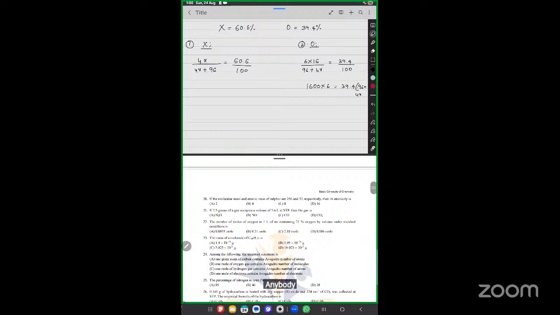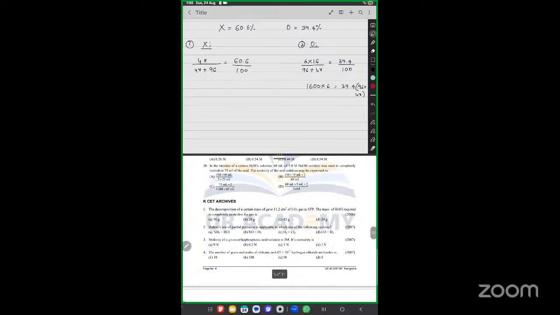Anybody? Solve and tell me the answer. Pick whichever method is easier for you.